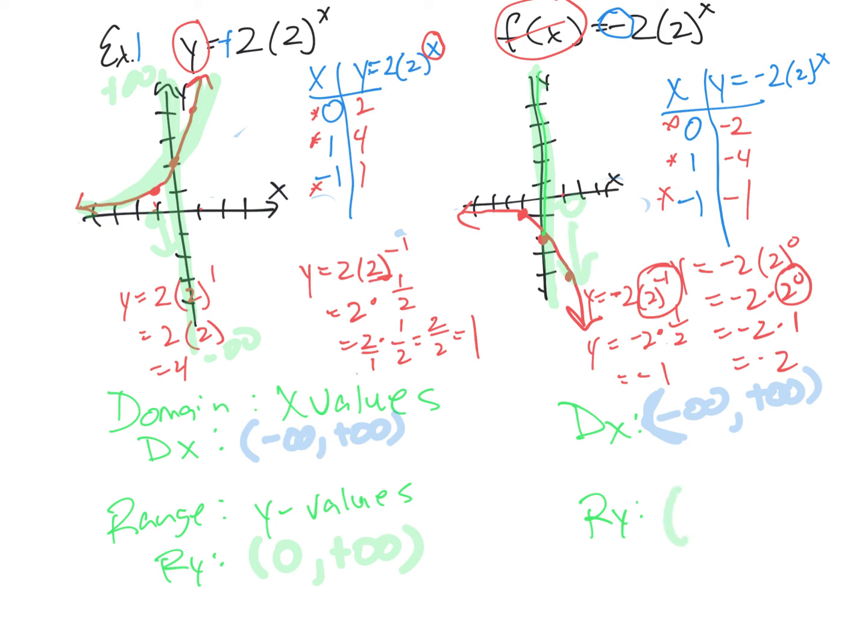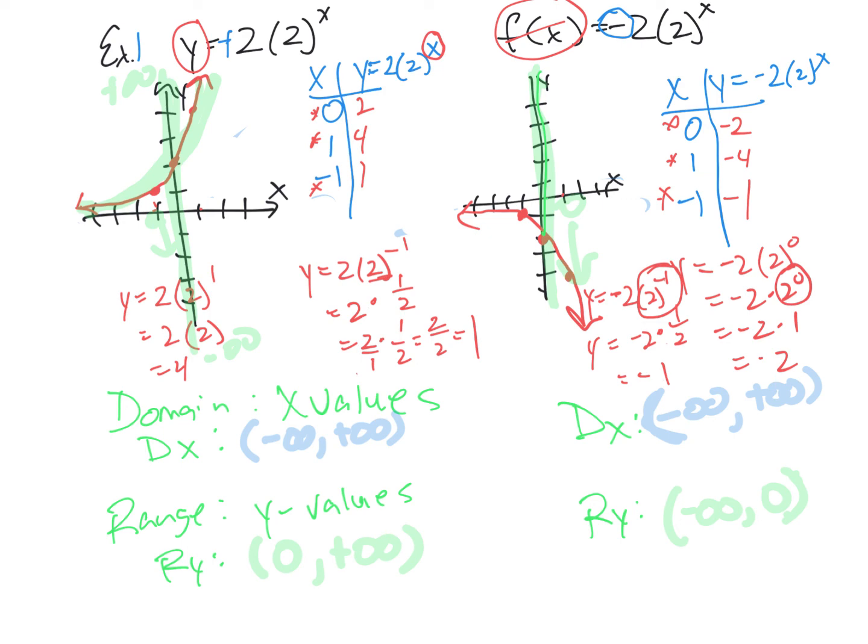So we would write that as negative infinity to 0 with a parenthesis. And the reason it's a parenthesis is because it doesn't equal 0, right? And we can't ever equal negative infinity or positive infinity. We get close to it, but it's a number that continues on and on. So you can never stop at it, okay? So it is a parenthesis.